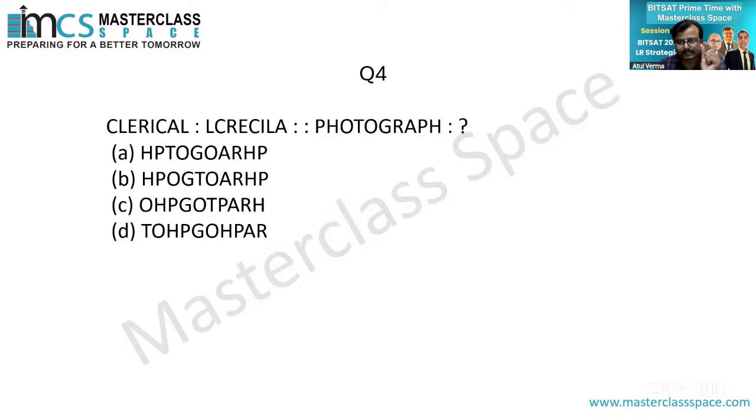Then if we move to the next two alphabets, ER, they also have been interchanged as RE. Then IC have been interchanged as CI, and AL has been interchanged as LA. So what is happening? They have broken the word into sets of two alphabets, and then within that set, they have interchanged the places. Same thing you have to do.